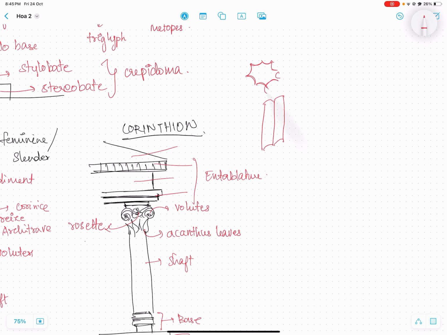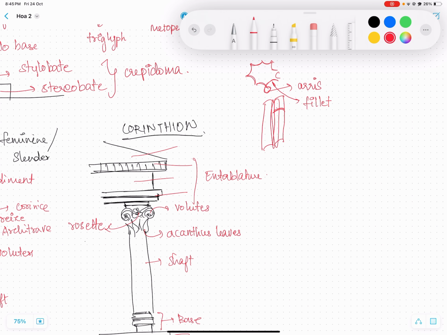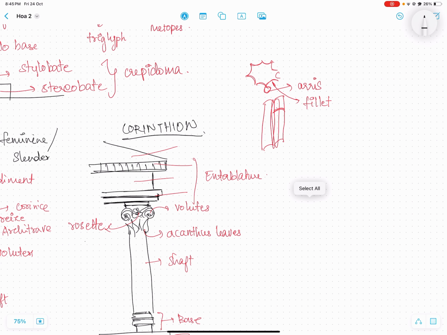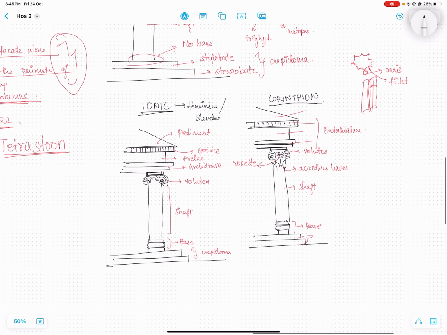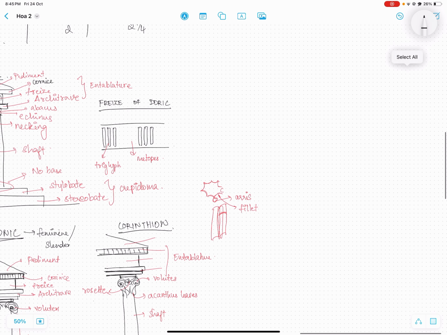The flutes, this sharp point is called the arris, and this space that sinks in is called the fillet. So that is another thing about the columns. Then we have talked about temples and orders, and I think we can go to the Acropolis now.